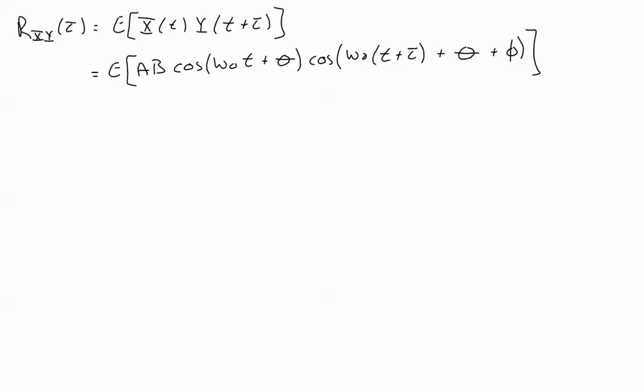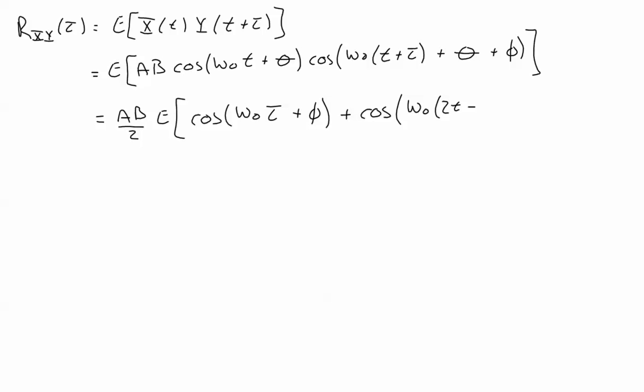All right, simplify this, and I get AB over 2 times the expected value of cosine omega naught tau plus phase plus cosine omega naught 2t plus tau plus 2 theta plus phi.